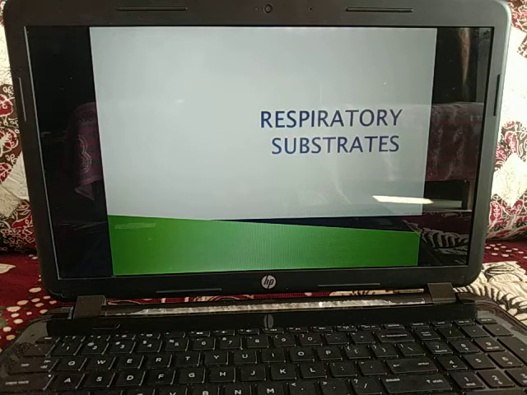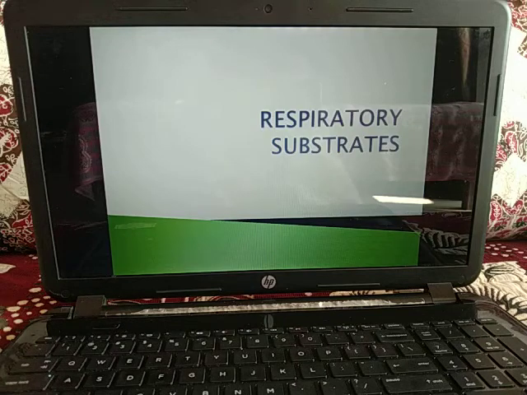Respiration involving protein as the respiratory substrate is called protoplasmic respiration, as compared to floating respiration which uses carbohydrates and fats. Protoplasmic respiration cannot be continued for long as it depletes protoplasm of structural and functional proteins as well as liberates toxic ammonia. So this is about respiratory substrates.